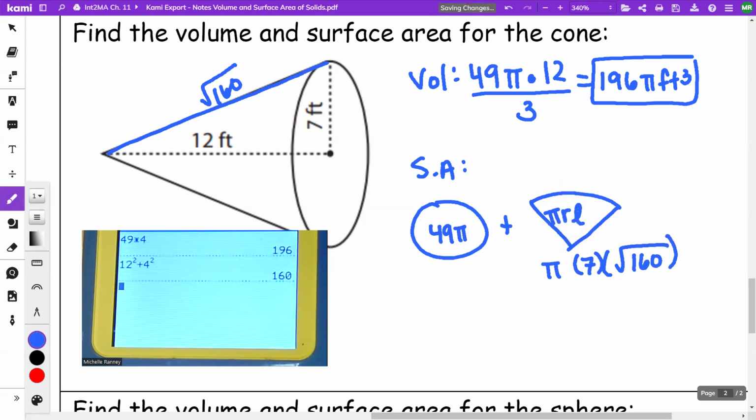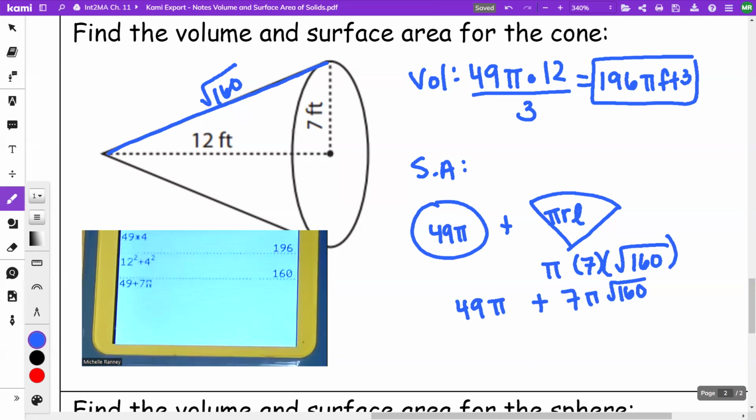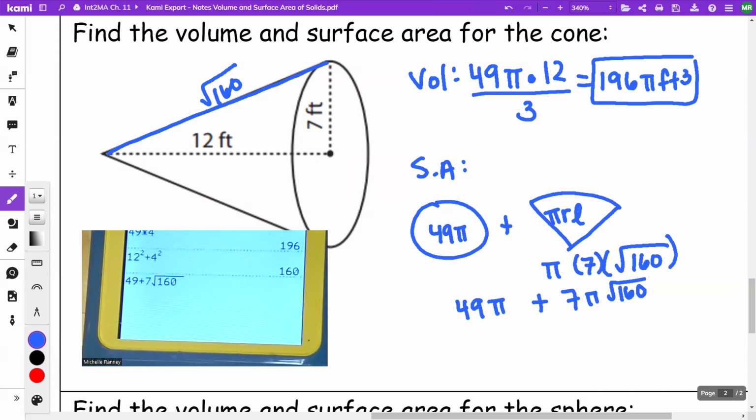So 7 pi square root of 160 plus 49 pi. Let me just put that in my calculator. So 49 plus 7 square root of 160, and then times that by pi.